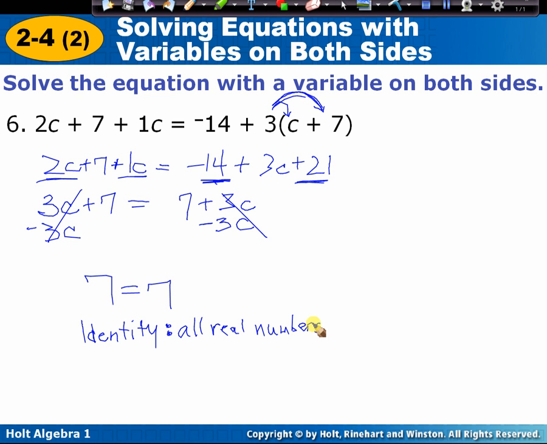So my answer is identity, all real numbers. Because any number I plug in for C is going to make this true, I don't have to check this problem.